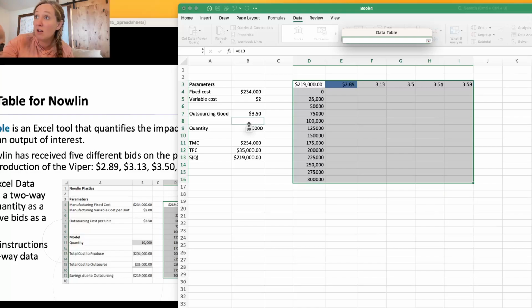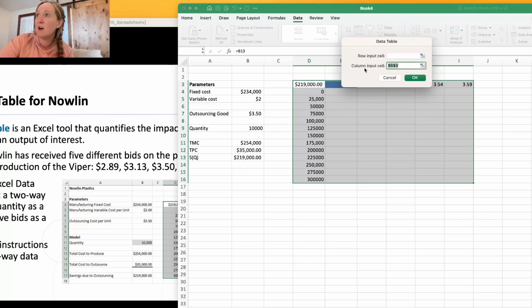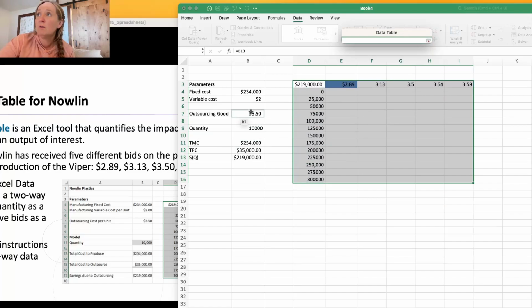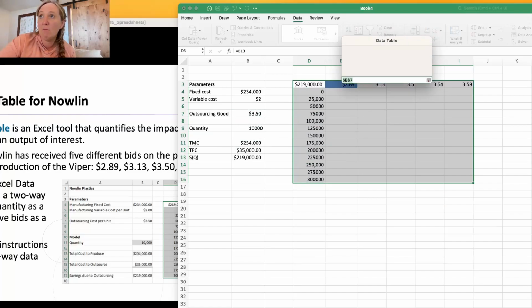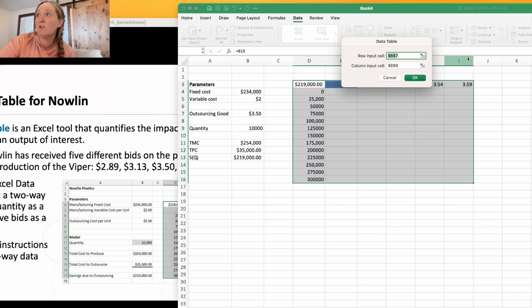For our column, we're going to do this quantity. That tells us the column input cell is this. It's going to do all this calculation one by one for all of these numbers. And for the row, we're going to say this is the varying input, so it varies across all these new numbers.